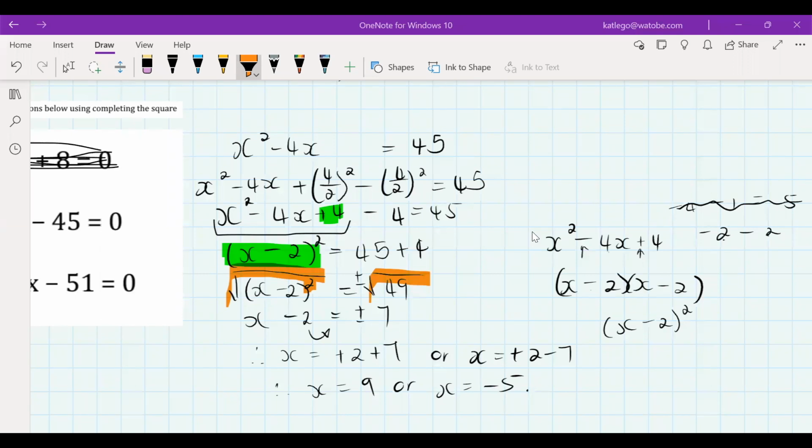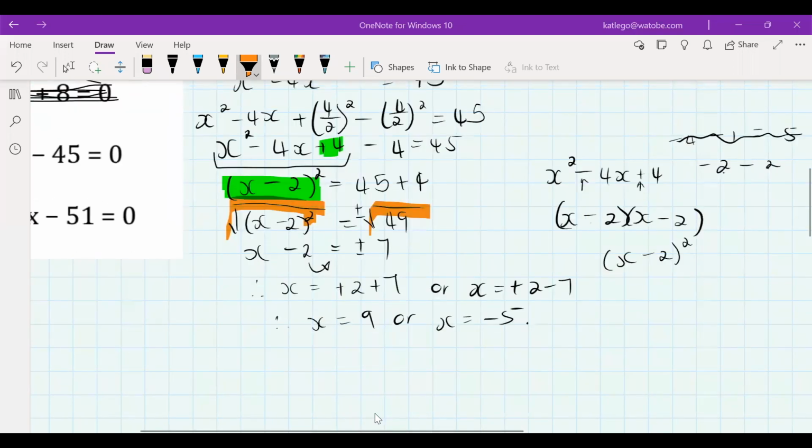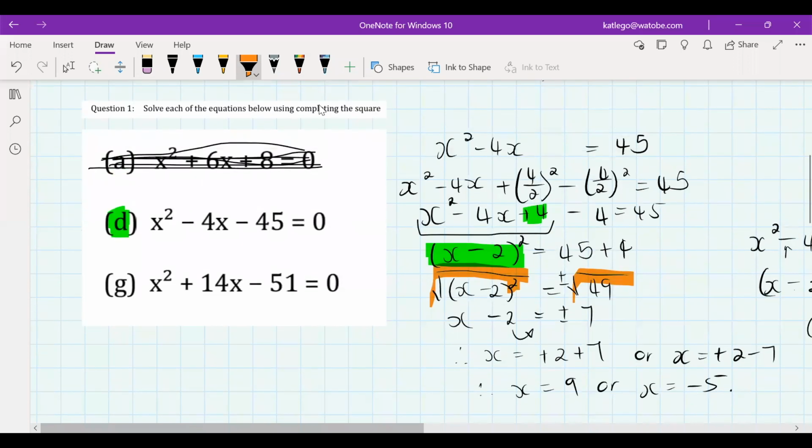About this trinomial, I use this method. First step, we look at the coefficient of x, which is -4.